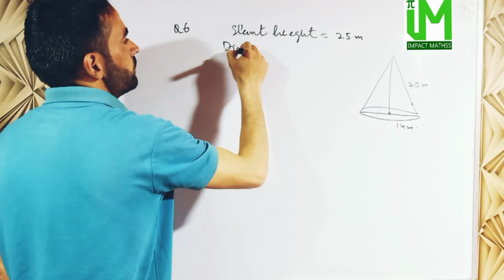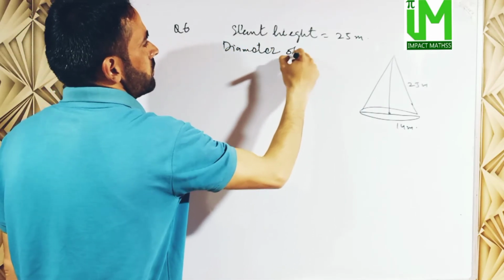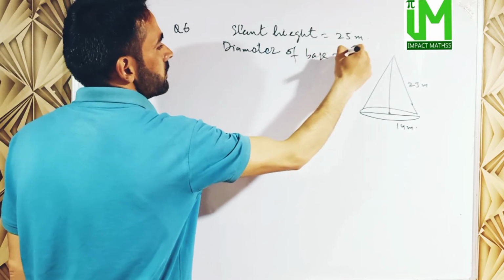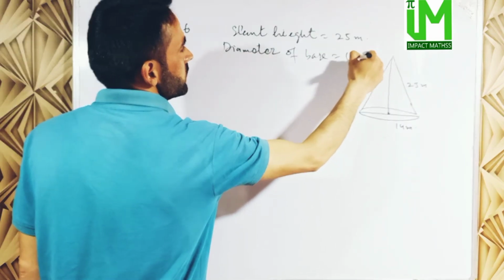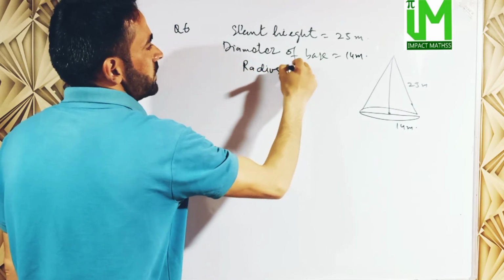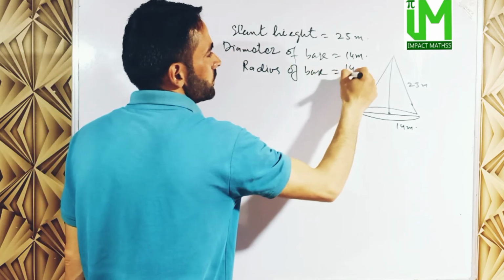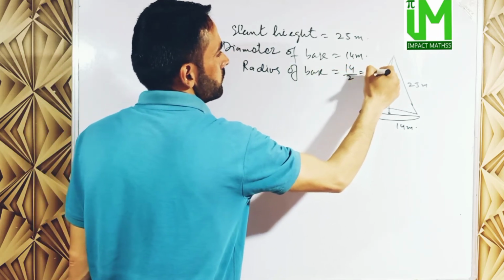So diameter of base is given to be 14 meter, which means radius of base is 14 meter divided by 2, so it will be 7 meters.